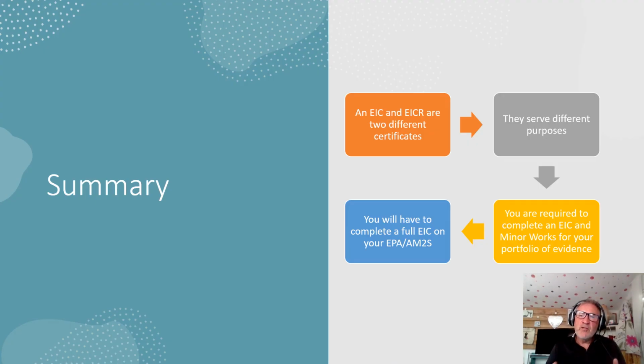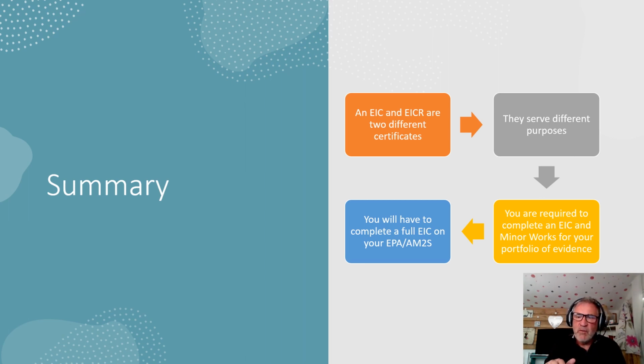Okay, to summarise, through this short presentation we've looked at the difference between an electrical installation certificate and an electrical installation condition report. They're two different certificates, and we've talked about the different purposes that they serve.